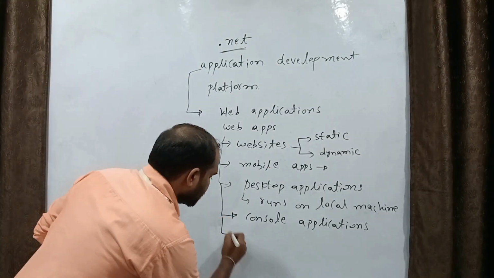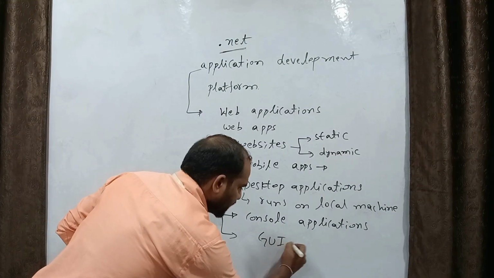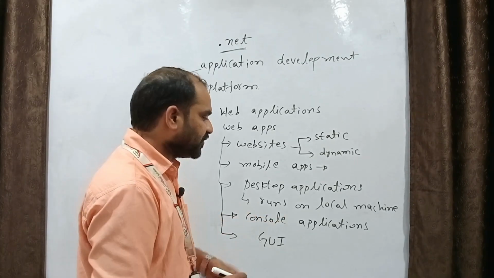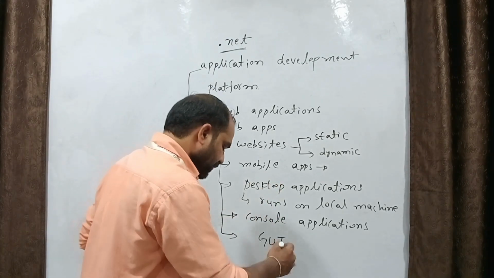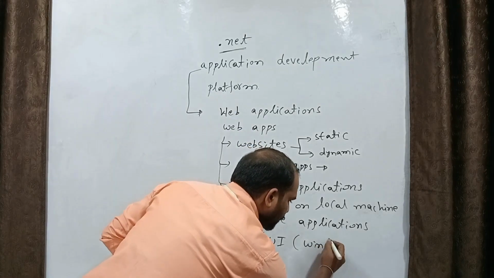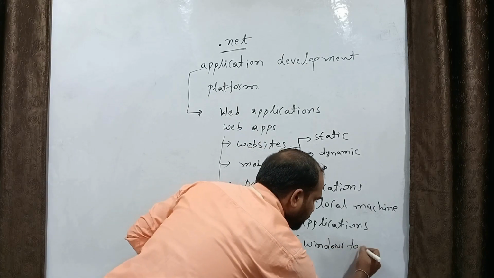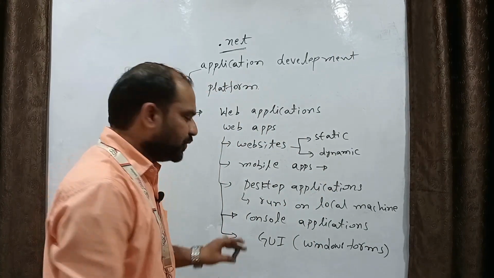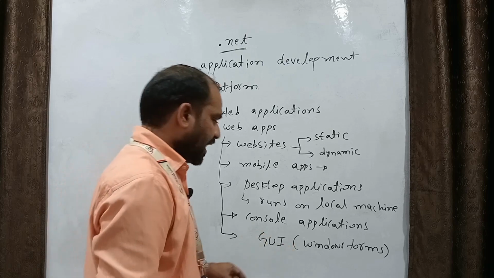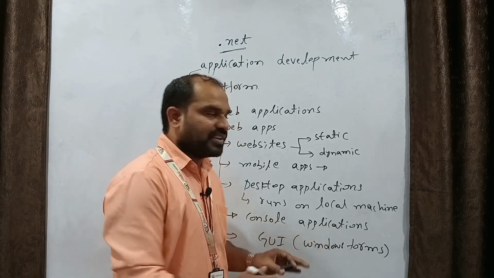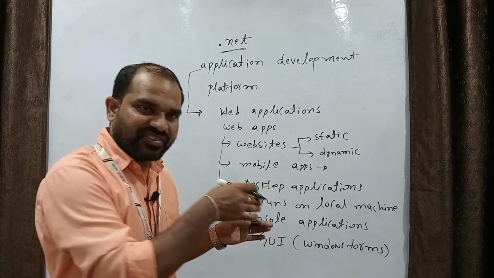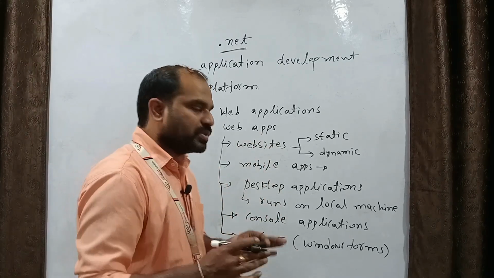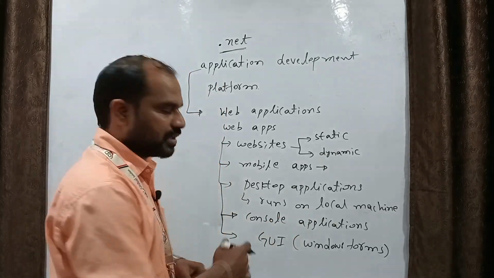And then, GUI, the graphical user interface. If I want to provide a GUI to my program, then you can use Windows Forms, simply called WinForms, which provides you a UI library that is bundled inside the .NET, where you can provide a user interface for your application or program.